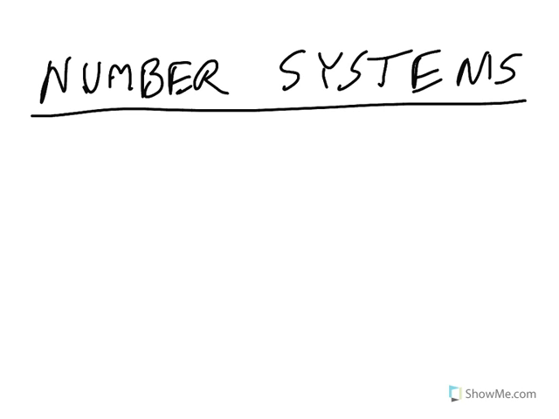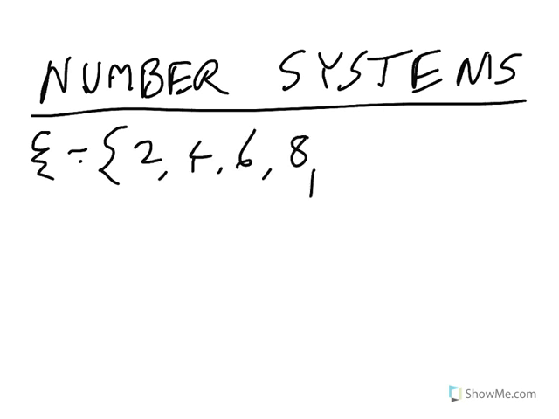Okay, so basically we're looking at some sets here, and we are looking at sets of numbers. Let's have a look at an example of something we might look at. In this particular example, the universal set has the numbers 2, 4, 6, 8, 10 and 12 in it.